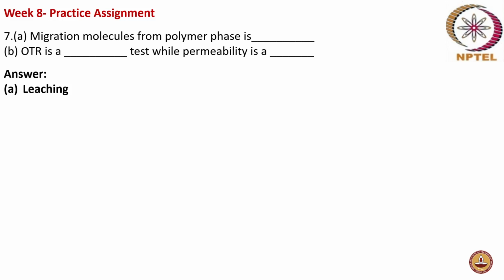Okay, the next question is, oxygen transmission rate is a dash test while permeability is dash. I just now told the answer for the second part. Second part is property, ma'am. What property? What is then oxygen transmission rate?